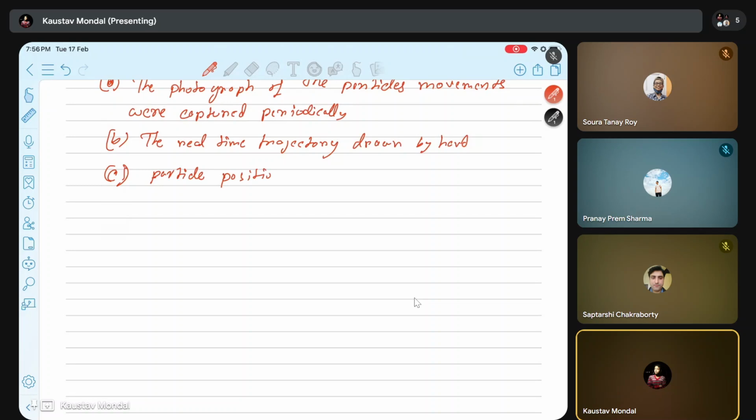And option D, particle numbers calculated from photographs.